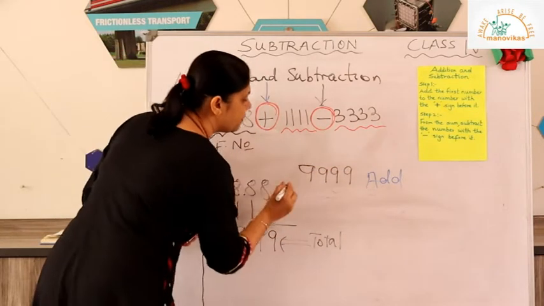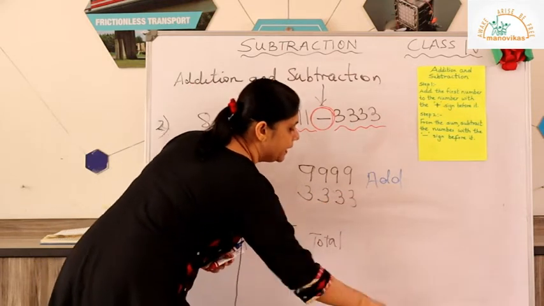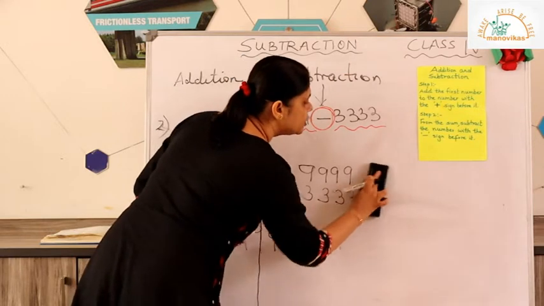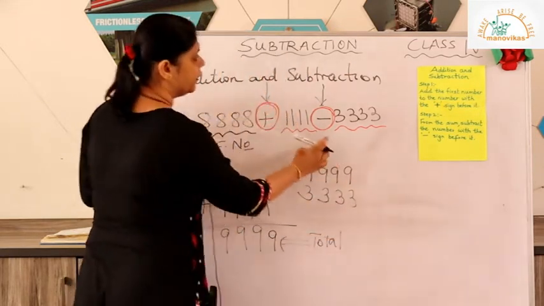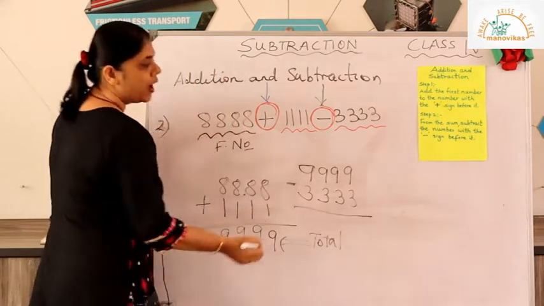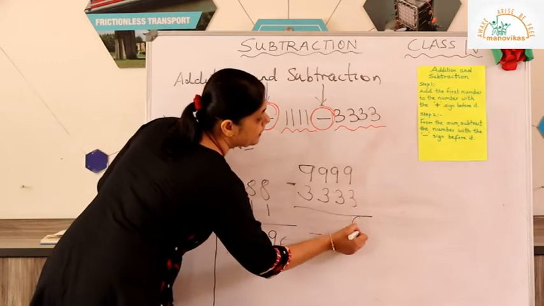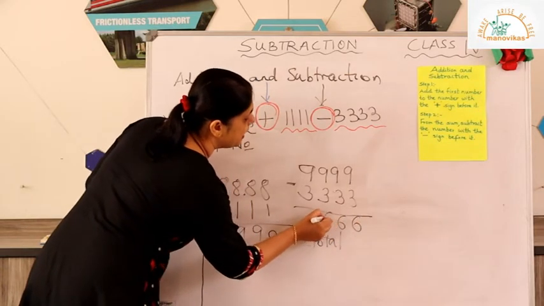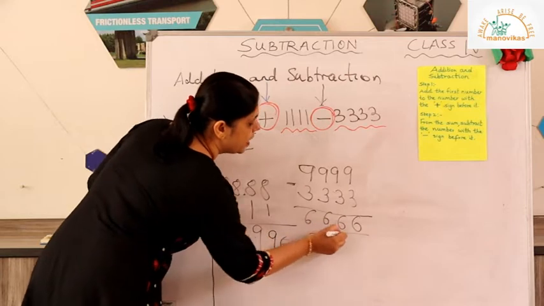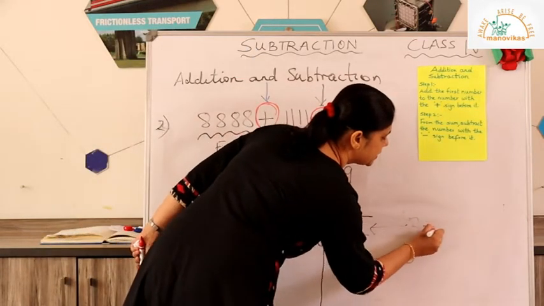From this I will subtract 3333. Correct? Now why have I chosen this 3333? Because it has a minus sign before it. So now how much is the answer? Tell me the answer. 6666. Am I correct? So this is the final answer.